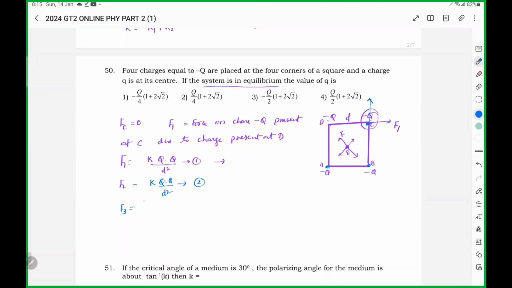F3 will be kq square by root 2d whole square, that is kq square by 2d square. It is third. Now force on the fourth one, F4 will be, here direction will be, this gets repelled due to this in this direction.